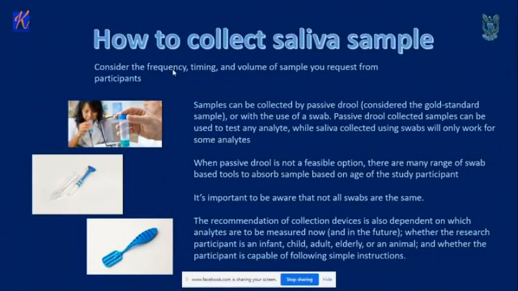Always request an excess of sample than required, maybe 300 to 500 microliters more. Generally when we go for immunoassays or other assays, we need it in microliters, sometimes even less than 100 microliters, but it's always good to be on the safe side.